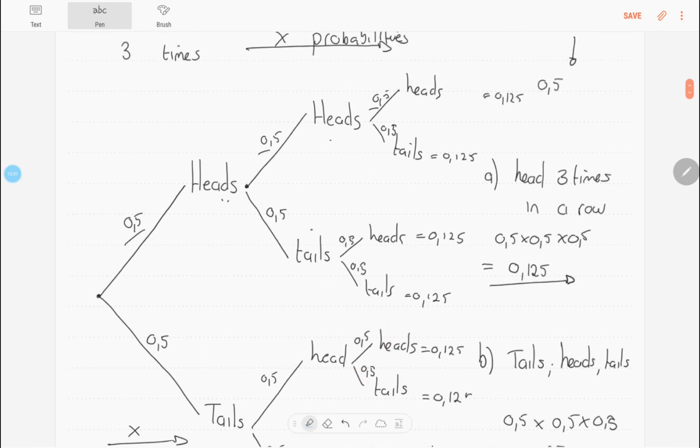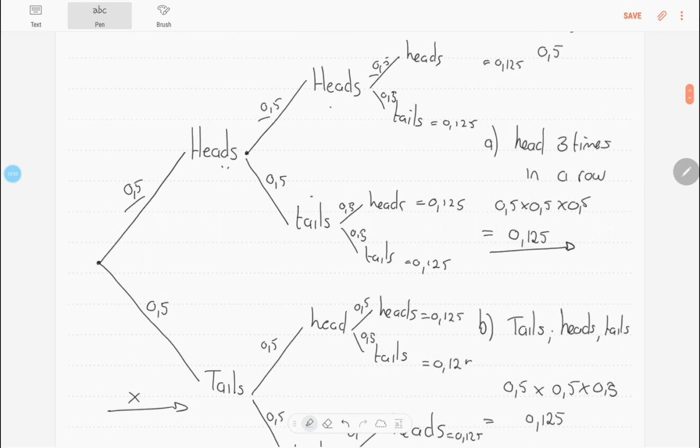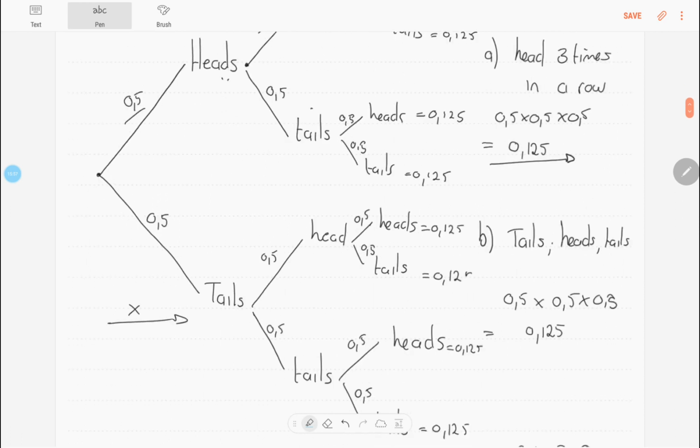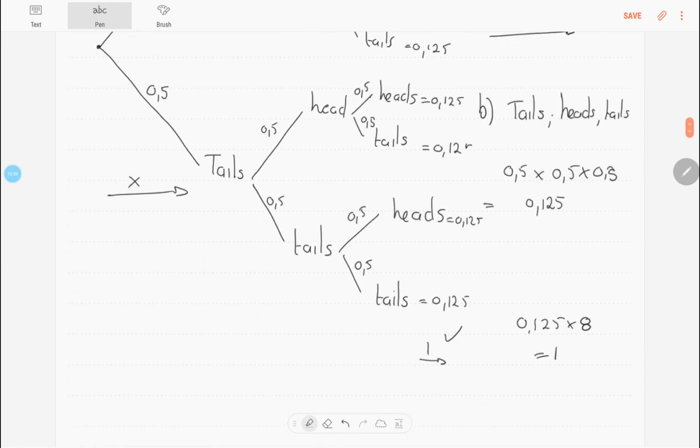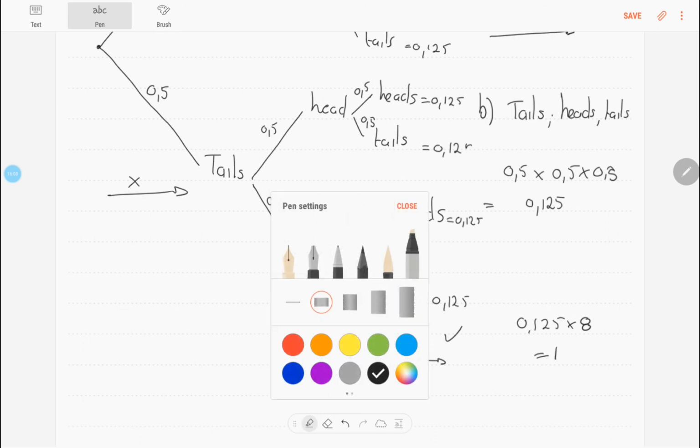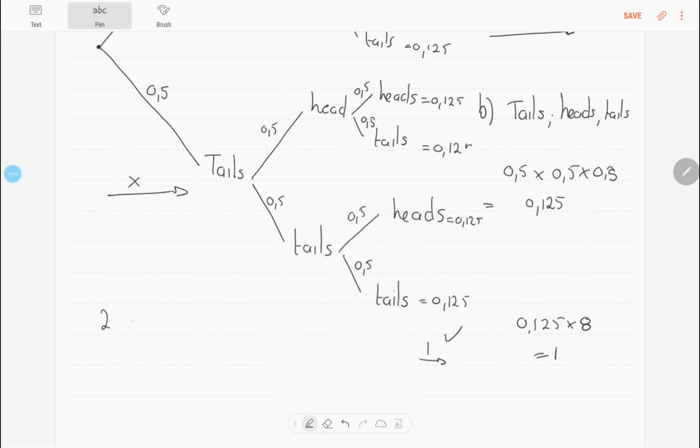I want to know the probability of tossing two tails. So we want to know the probability of two tails.